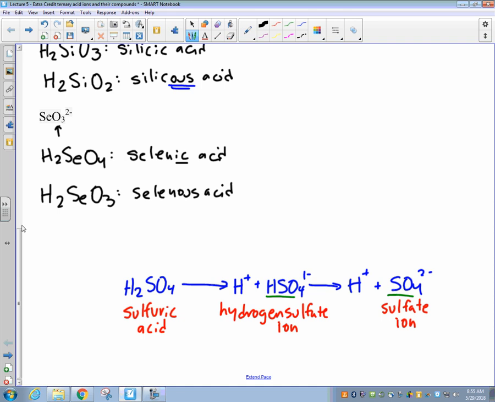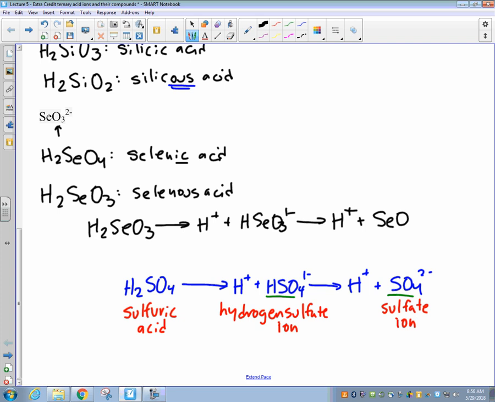The dissociation of selenous acid, H2SeO3, would follow the sequence in which it separates to H positive and HSeO3 1 negative, which would then further dissociate to another H positive and SeO3 2 negative, the ion which we are looking for.